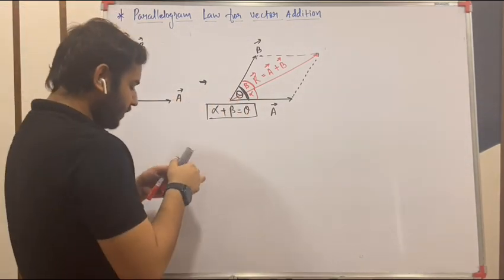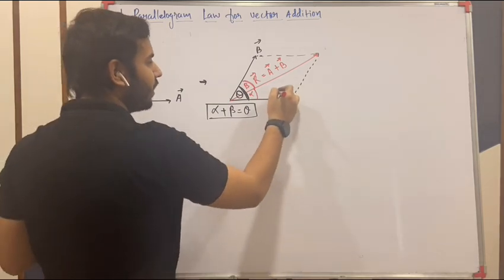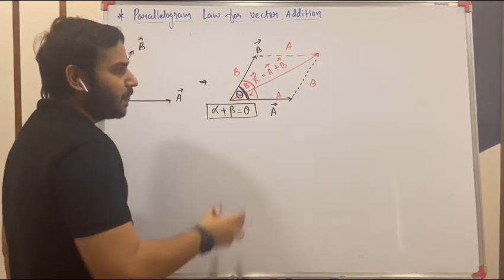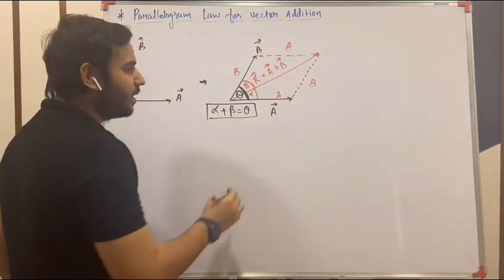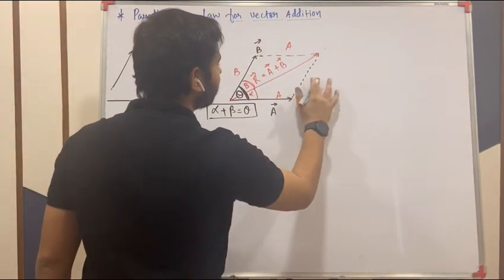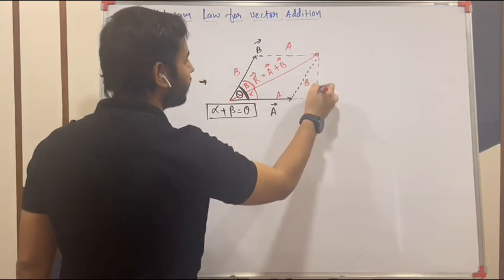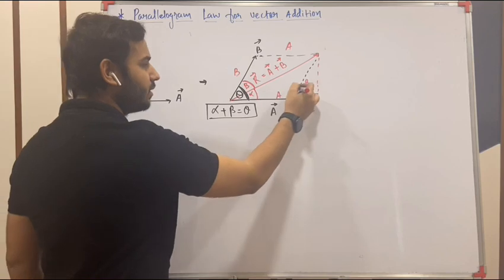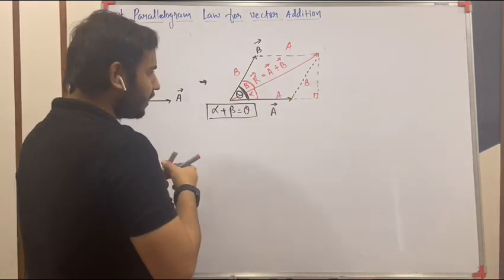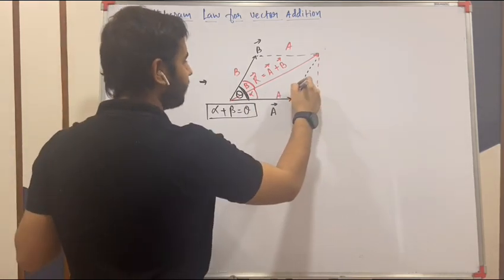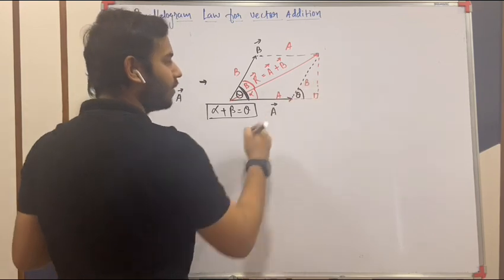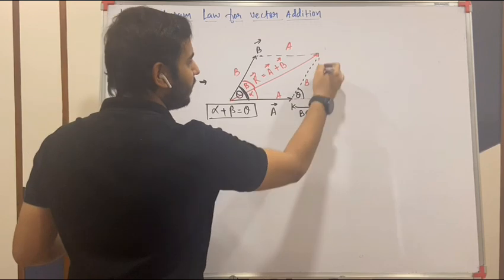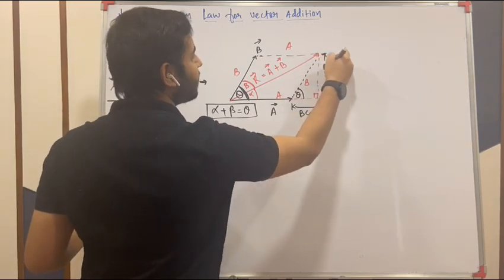If the magnitude of this is A, this is B, then this must be B and this must be A. Opposite sides have the same magnitude. If this whole angle is theta, this is also theta. B cos theta, B sin theta.